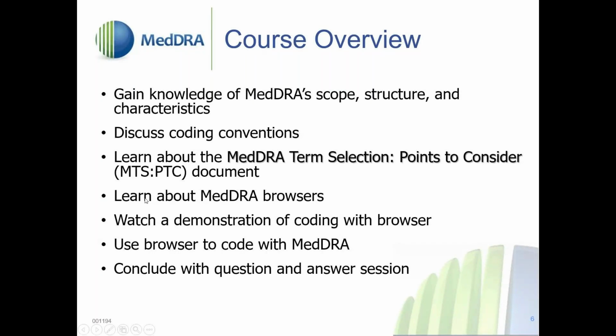We will then learn about the functionalities of the MedDRA browsers that are provided by the MSSO. You can use them for free in the framework of your MedDRA license to browse the terminology and to look for appropriate terms for coding purposes. And I will demonstrate how to use the browser to search the terminology.